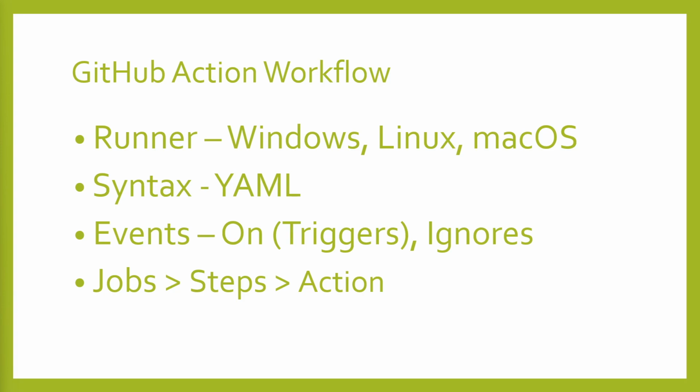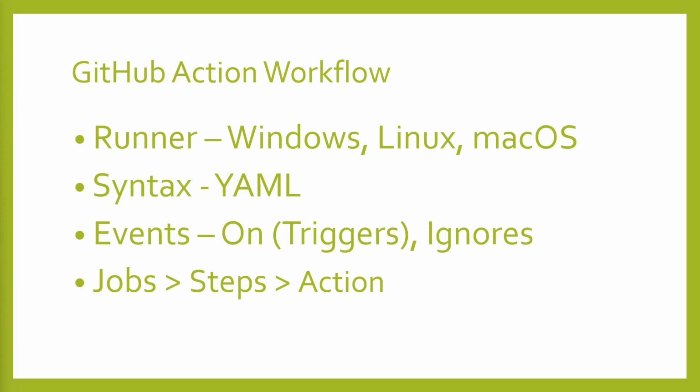So jobs can be your unit of work, your isolation. And then within each job, you can have your steps, which really consist of that action. So you might have an action to get some scripts or a DAC pack and download that. And then you can have another step that executes that file in order to deploy your database. So that's really just a high-level overview of GitHub Action workflow.